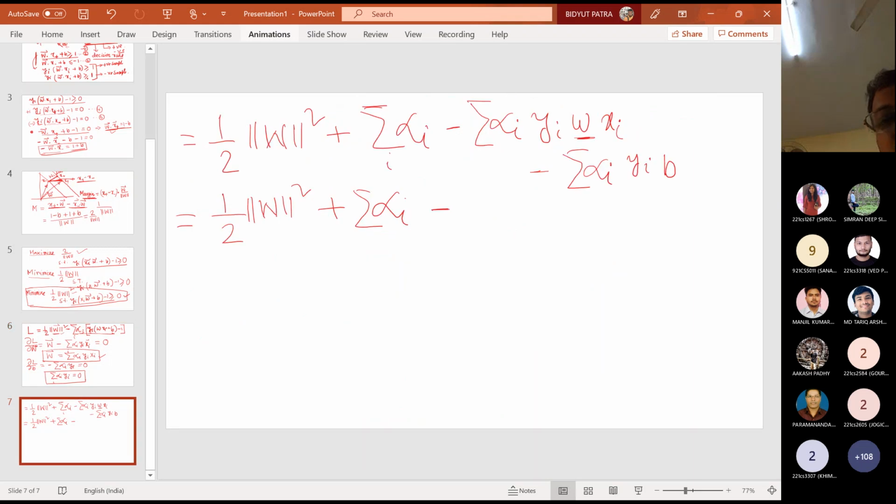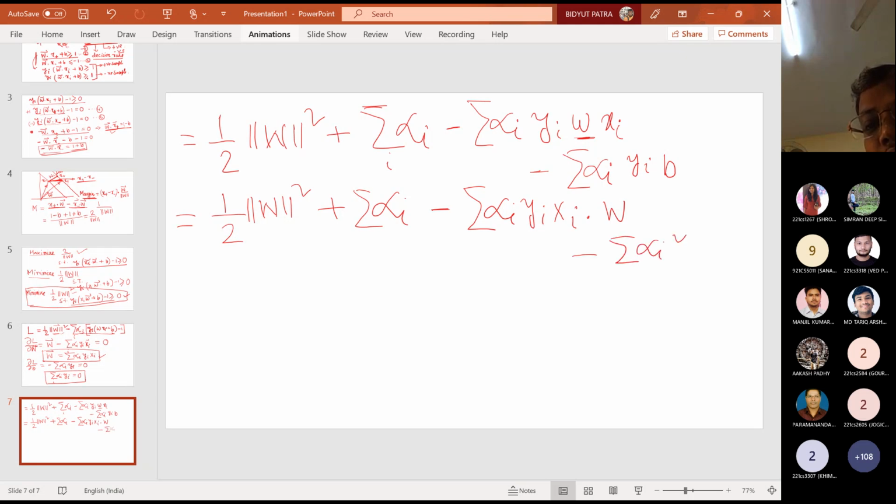So therefore summation alpha yi xi into w. Okay, this is minus summation over alpha yi b, and b is a constant.